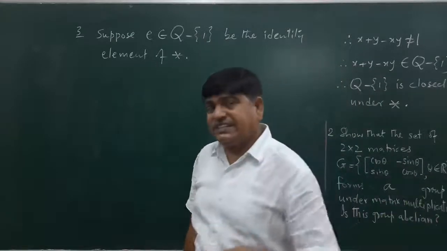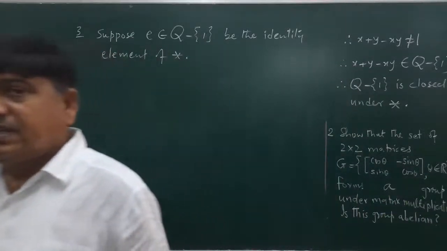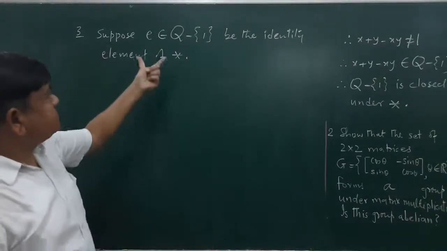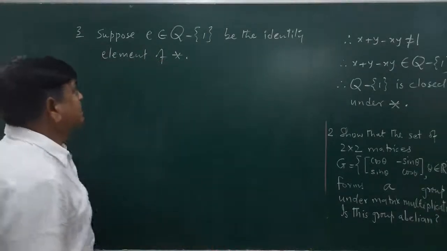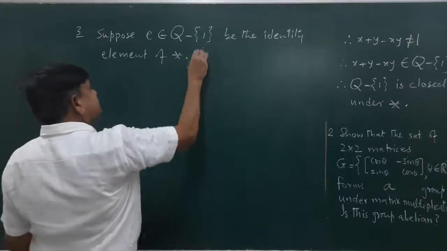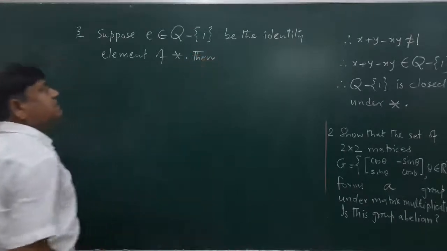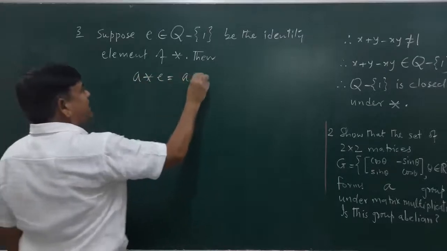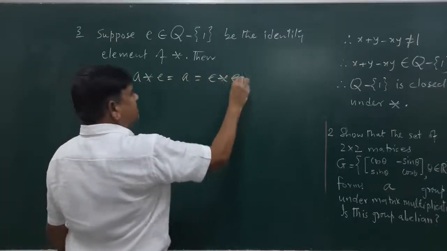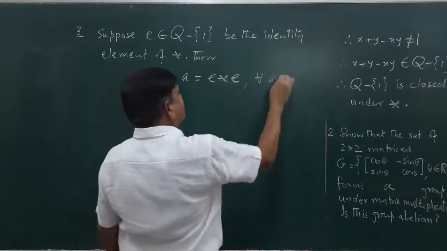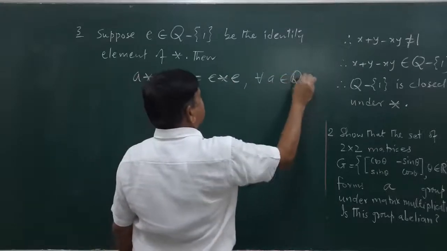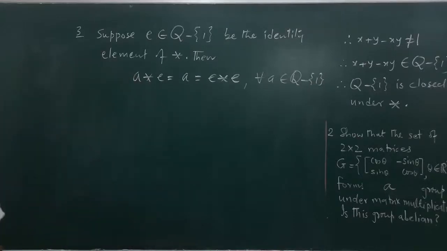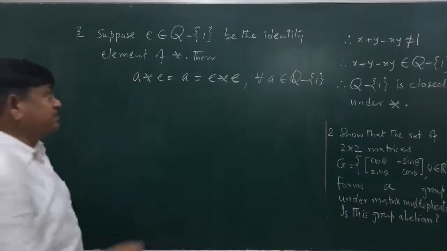Now we calculate it. If we find the identity which is the member of this one, then A asterisk E equals to A equals to E asterisk E for all A belongs to E. ये तो सिखाया था आपको.